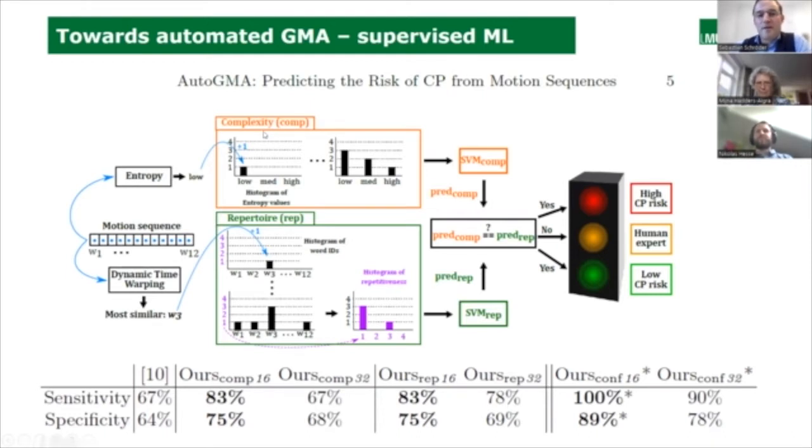And if this is very complex and this is very complex, at the end, this support vector machine tells us that the infant is doing a good job with these general movements and gives us a green traffic light. And if both of those are, let's say, not normal, then we come up with the conclusion that this infant has a high risk of cerebral palsy. And where both of them are not telling us the same result, then we have a controversial result, and this is referred to a human expert.